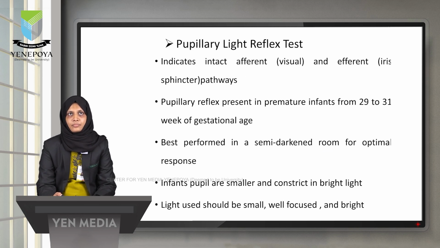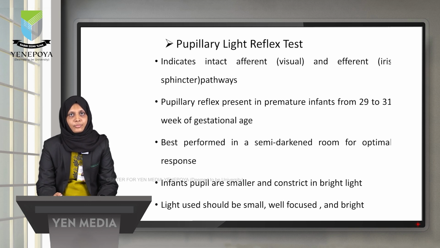The next test is the pupillary light reflex test. What we are assessing here is whether the pathway between the eye and brain is functioning properly. The pupillary reflex is present in premature infants from 29 to 31 weeks of gestational age.